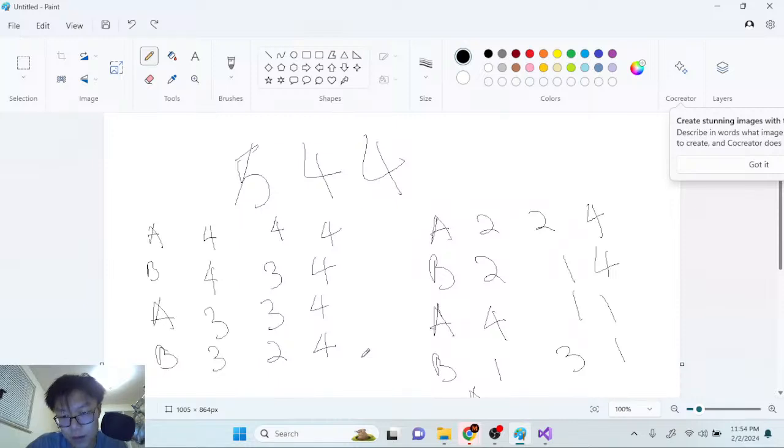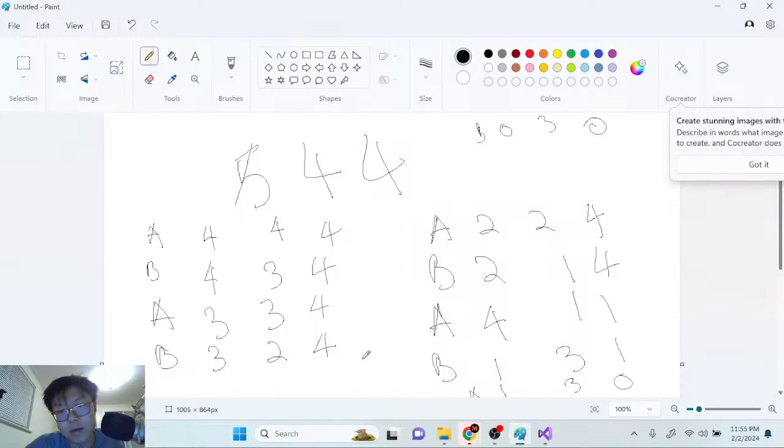So we get 1, 3, 0. Bob's turn. Alright, let's go back to the top. Bob's turn, minus 1 becomes 0. Swap it with 0. We would get 0, 3, 0. And then I think Bob loses.